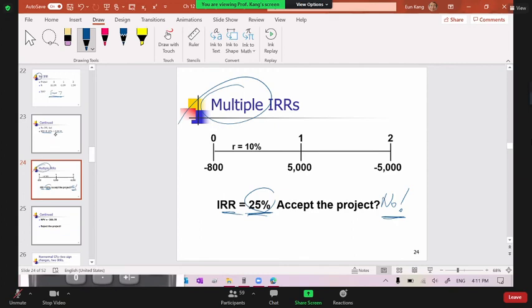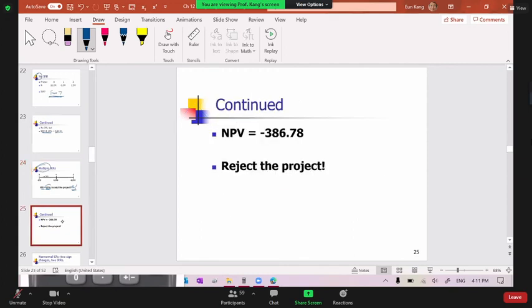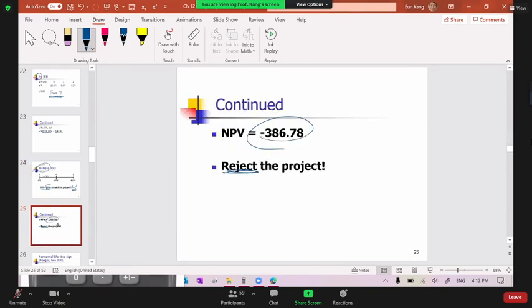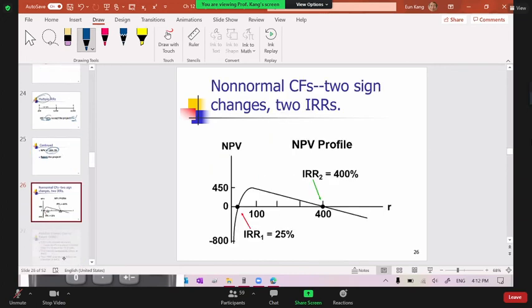Then what? Look at this net present value. Net present value is hugely negative. Reject the project. So according to IRR, you take it, but according to NPV, it's hugely negative. As I said, the reason is the project has 2 IRRs like this.